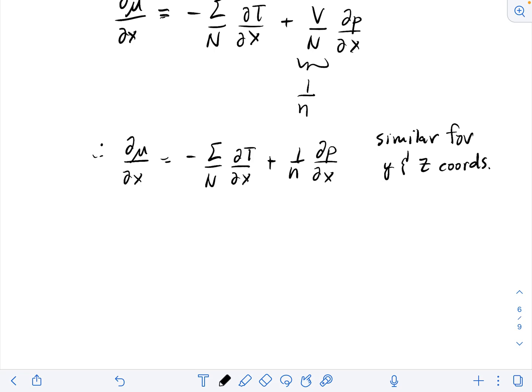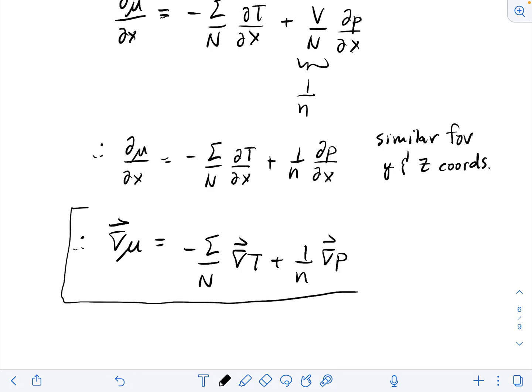And so we could write down that the gradient of the chemical potential is equal to minus sigma over N times the gradient of temperature plus 1 over n times the gradient of the pressure. This was one of our goals for today, to get this gradient of the chemical potential.